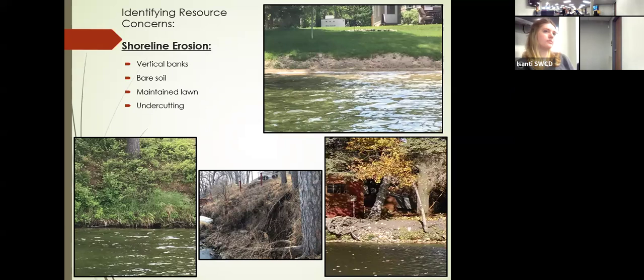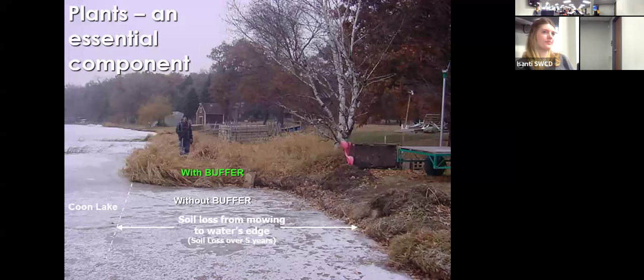That picture down in the middle is a Green Lake site. We did a project there. That's just a result, I think, of both overland flow and some pretty significant wave action and whatever else Green Lake throws at their shoreline. Great example of those native plants and having a native plant buffer.